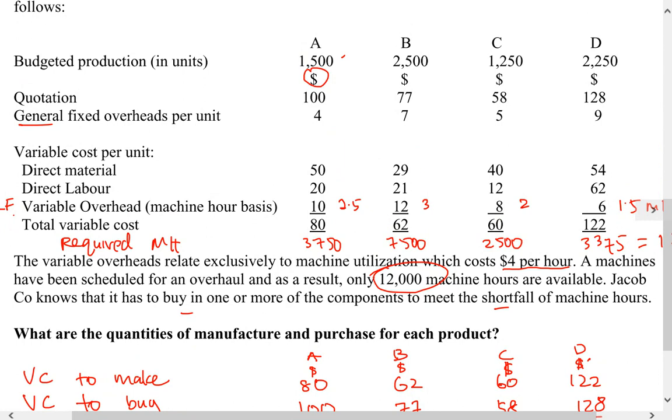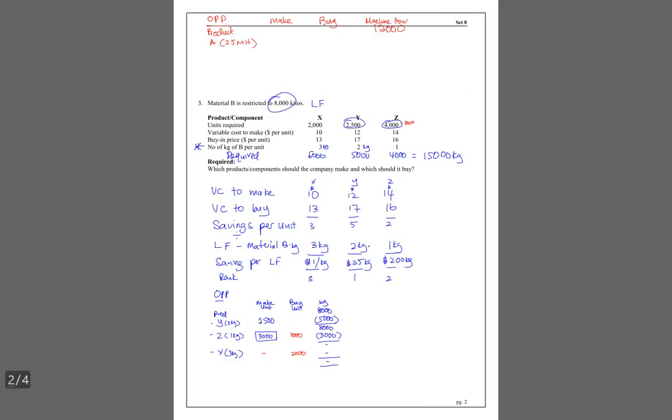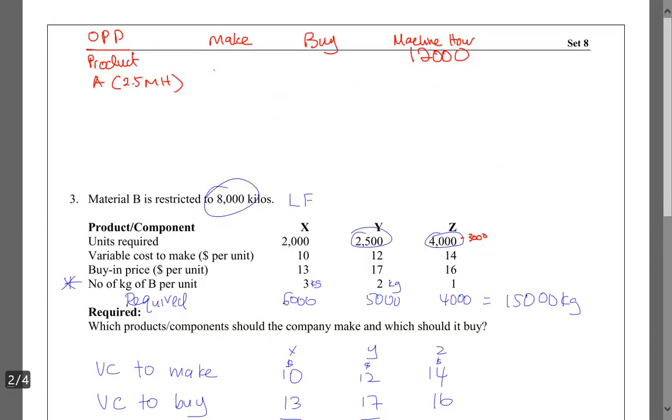I plan to produce 1,500. So do I have enough machine hours? If I make 1,500 units, I need 2.5 hours per unit. So 3750 machine hours. 8250 balance. Then produce B.